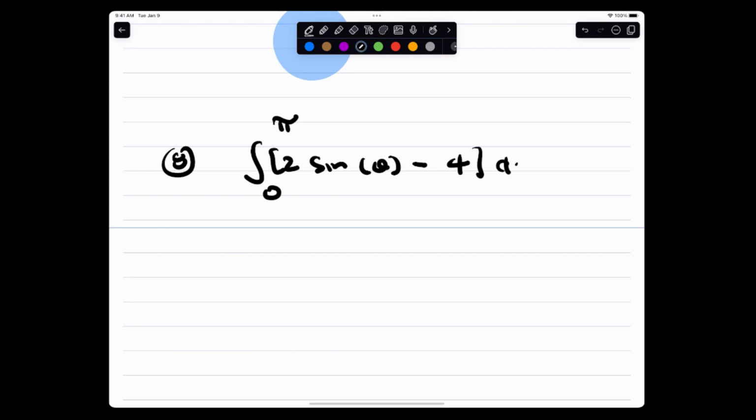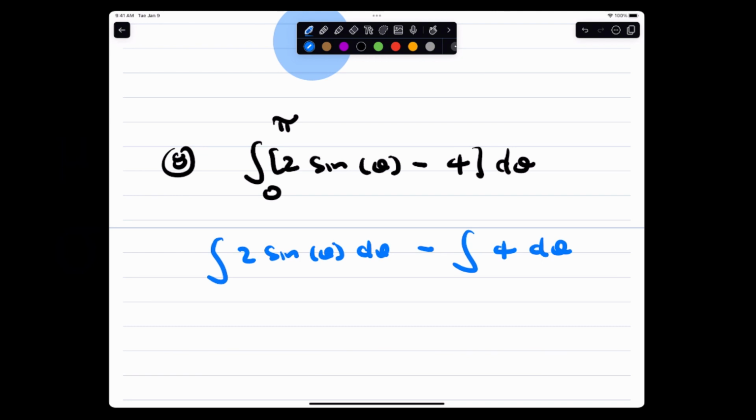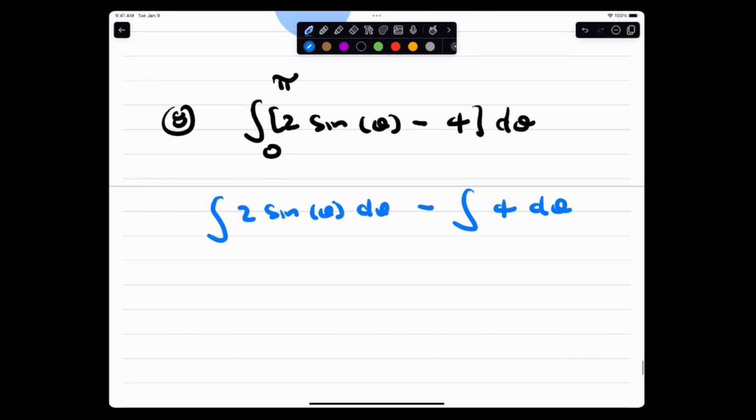And then they'll put a nice d theta here for you. Okay? So we're going to use properties here. Okay, you guys okay with that? So what's the integral of a difference again? Difference of what? Integrals. Can I pull out the constants? Yes, pull out constants. Okay?